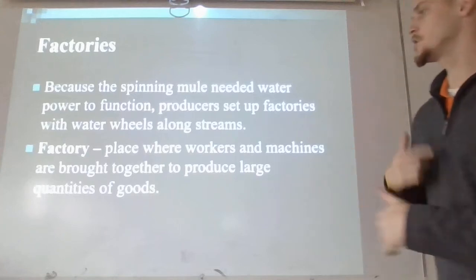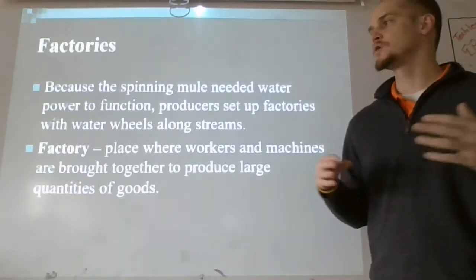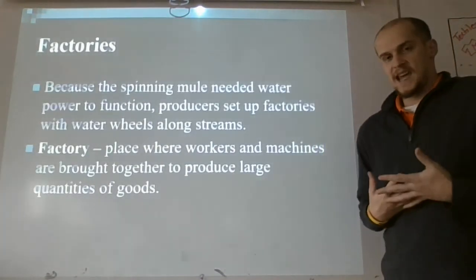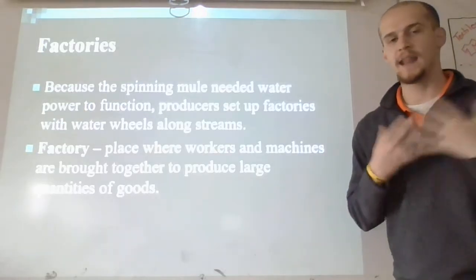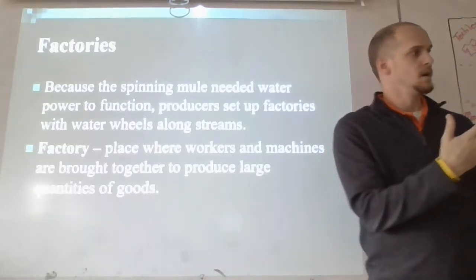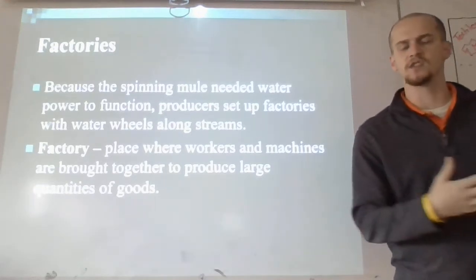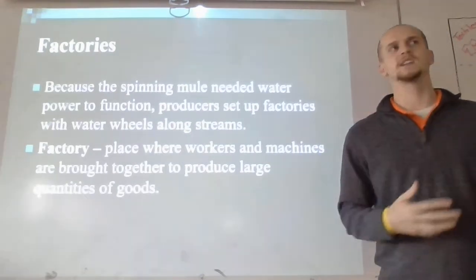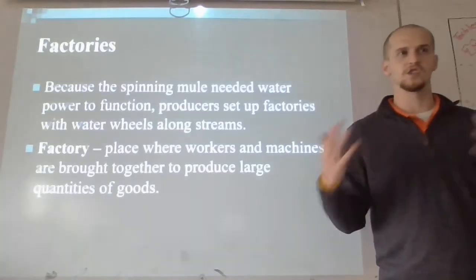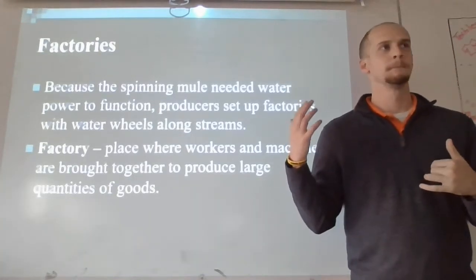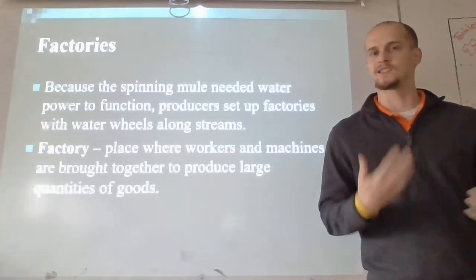And so again, the goal is just to produce as many goods as you can at the fastest rate as you can. And so now we've moved from textiles and the cottage industry to the creation of factories, and then factories and textiles are starting to show just how expedited and how quick this process can be.